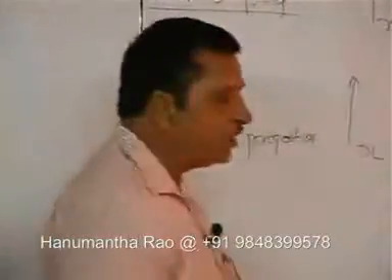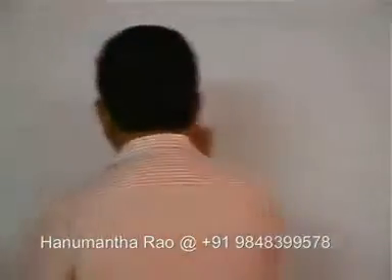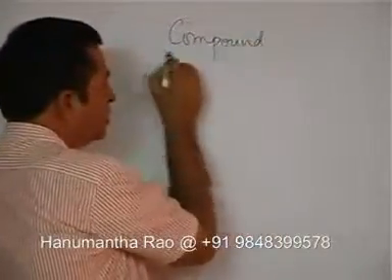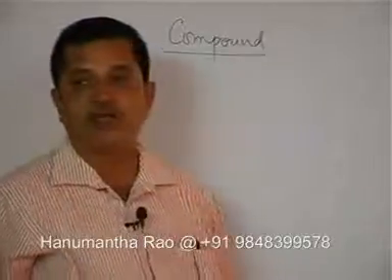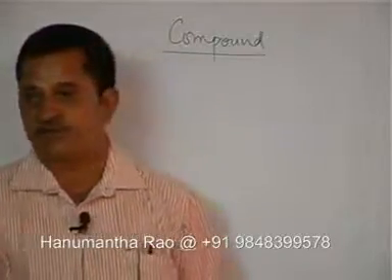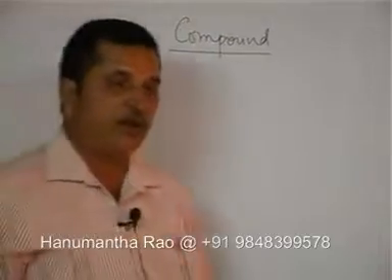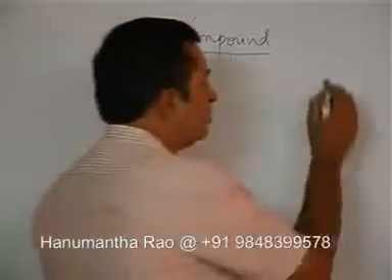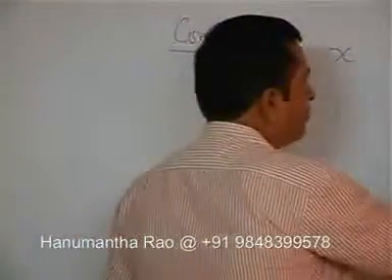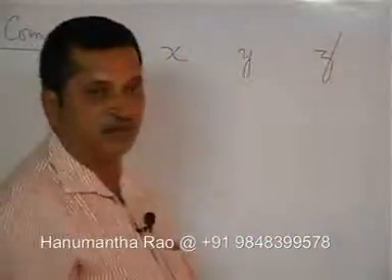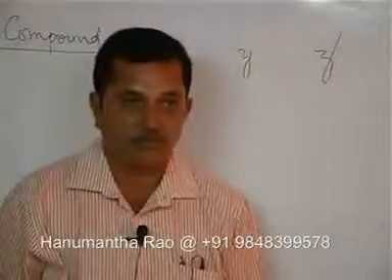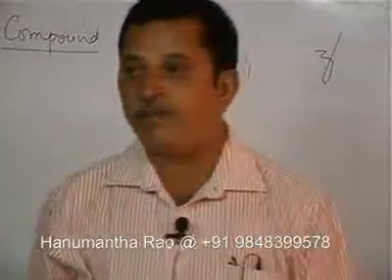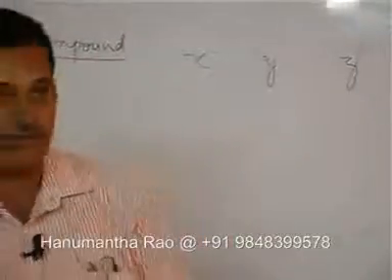The third type is compound proportion, or you can take this as mixed proportion. Compound or mixed proportion means you will have 3 quantities or more, x, y, z, 3 variables. If you have 3 variables, how can the problem be framed?